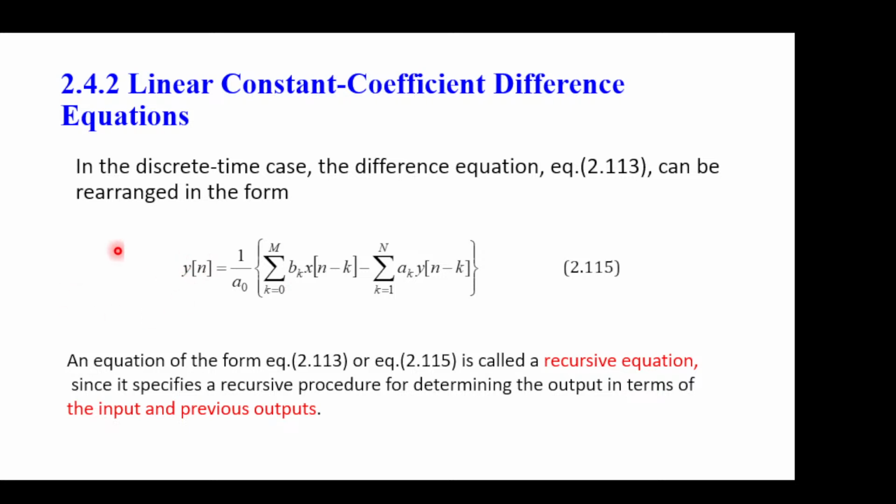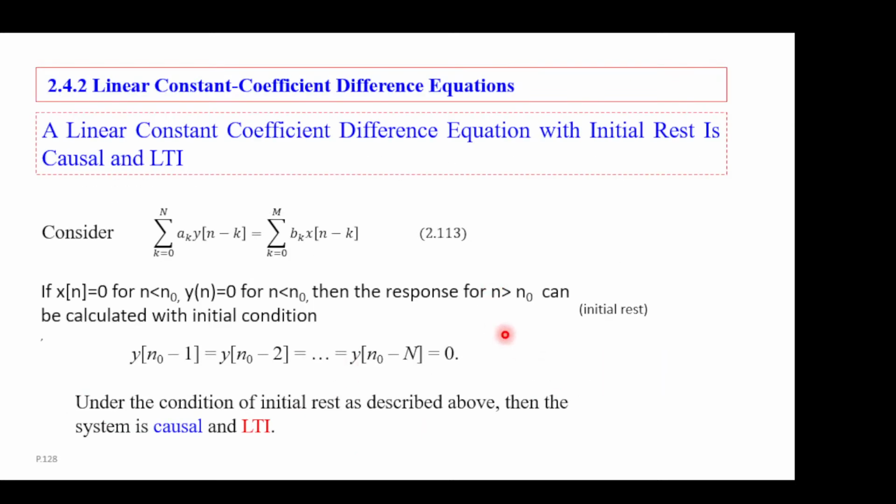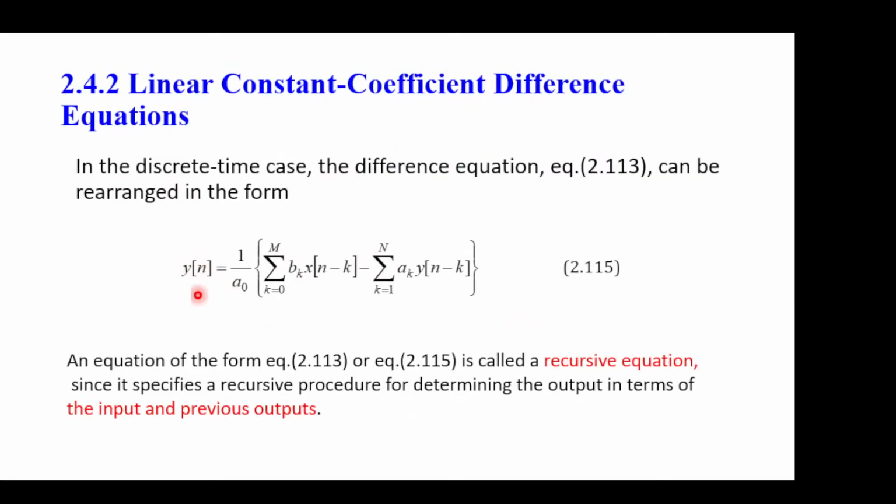You know y is 0 for every point before x becomes nonzero, and you start solving for y of n at your initial rest point, n0. You can solve y of n by calculating all those things, since they only depend on values before.